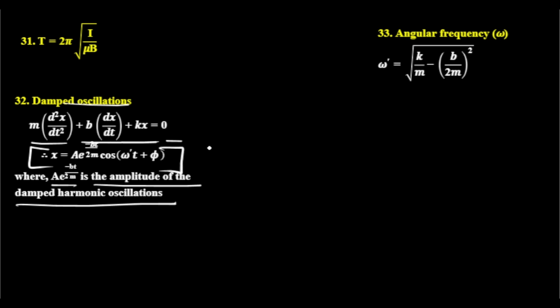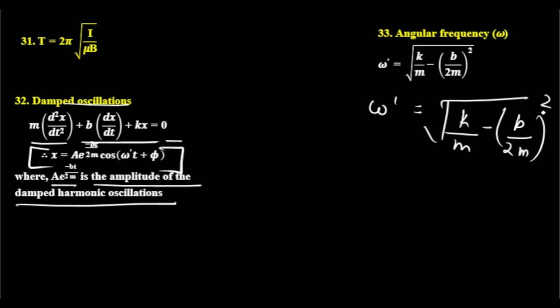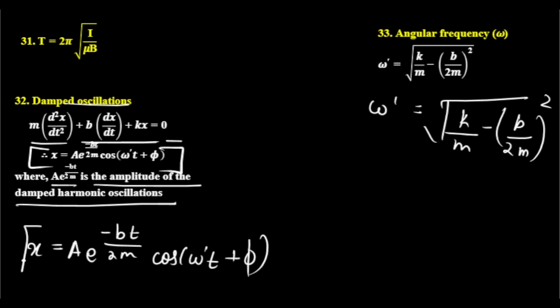Angular frequency omega dash is equal to root of (k by m minus (b by 2m) the whole square). I'll write x here: x is equal to A e raised to minus bt divided by 2m cos (omega dash t plus phi). This is what we get as the damped oscillation formula.